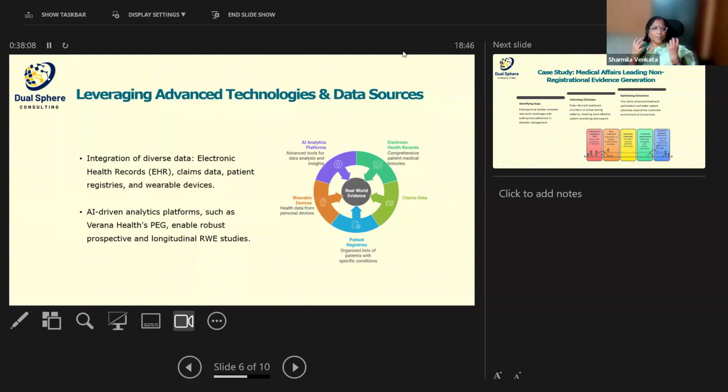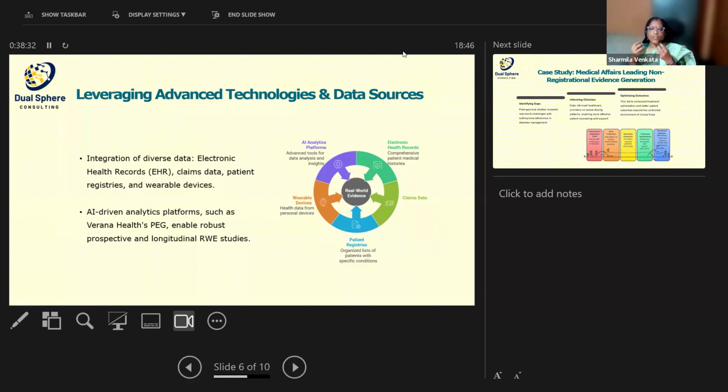What's powerful is that we are no longer limited to isolated data sets. We can now link these sources together and analyze them using advanced AI analytics platforms, like Verana Health's Physician Engaged Group, which is one of the analytical platforms.